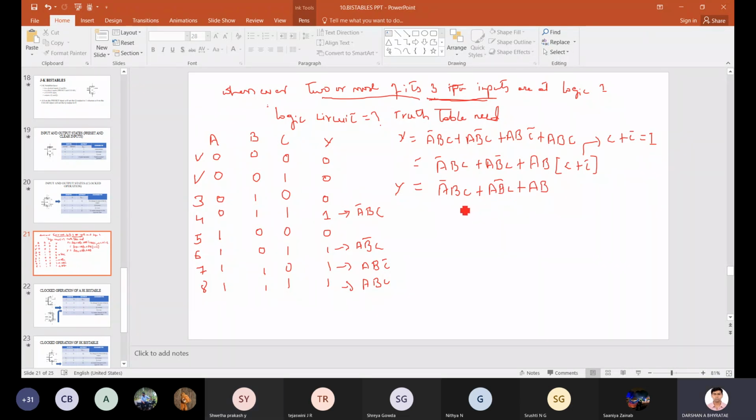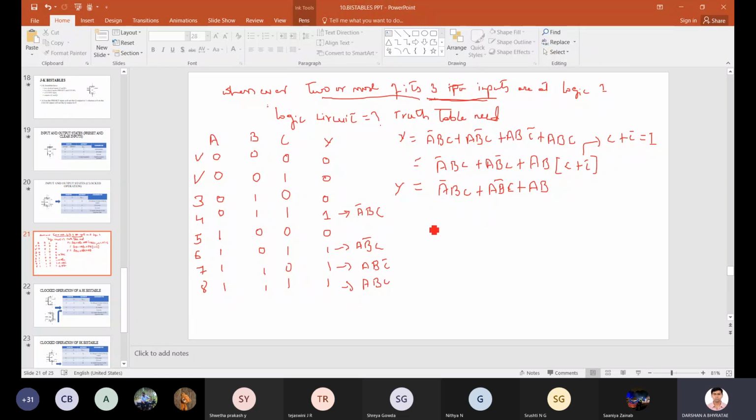Okay, now, in this expression we have A complement and A, B complement and B. Nothing but what? I require NOT gates here. I require NOT gates, but C is the only input, C remains as it is.